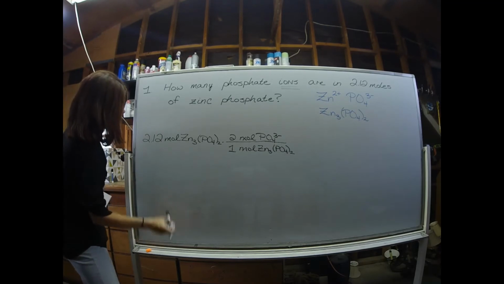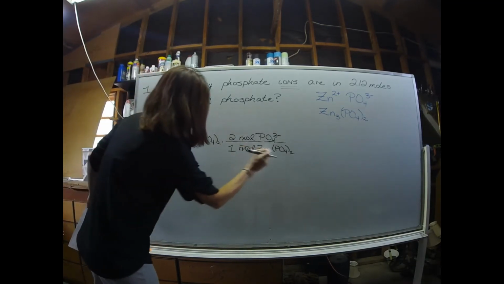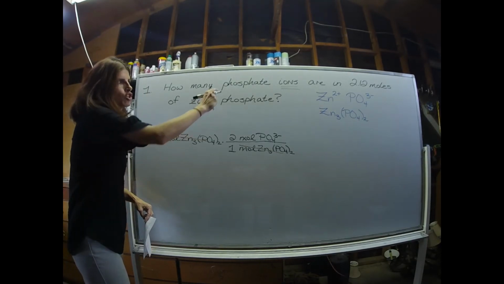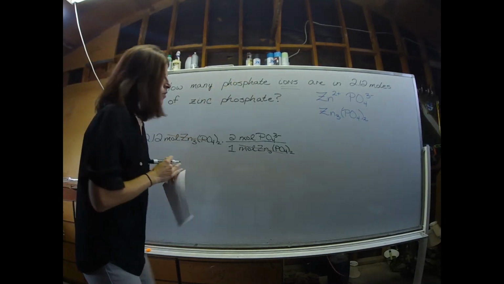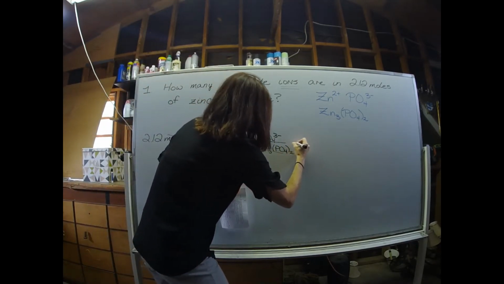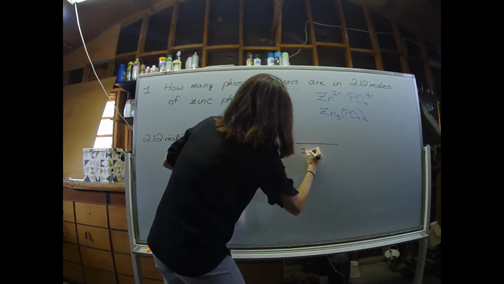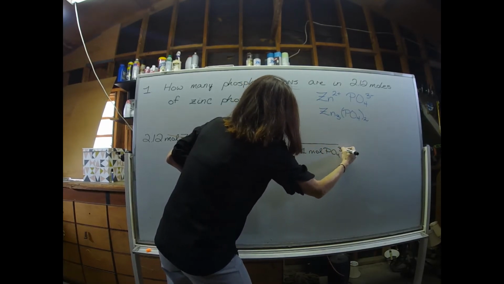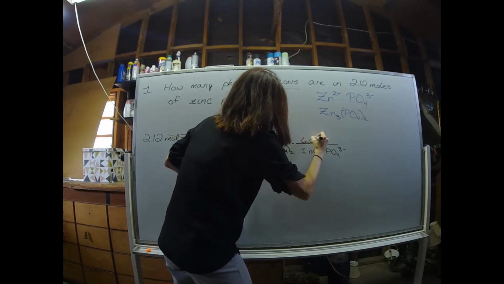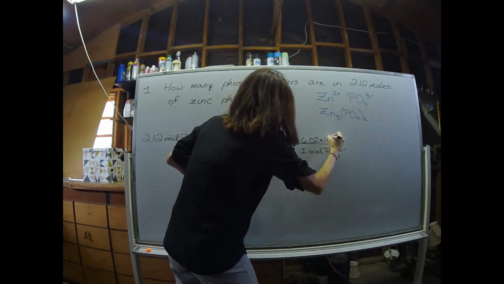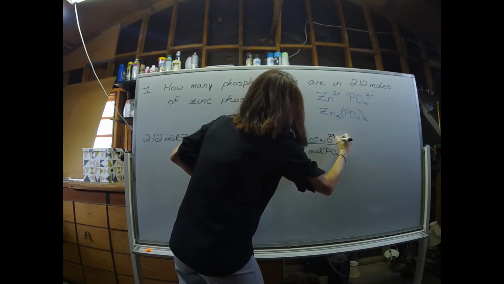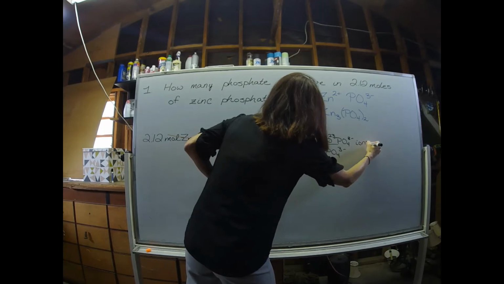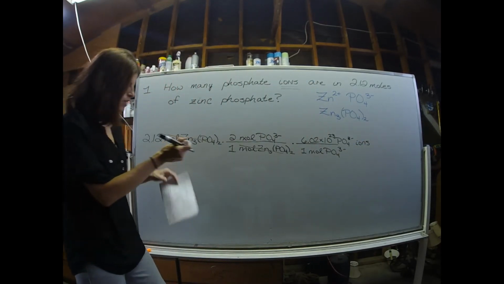What's canceled? So we're done with moles of zinc phosphate. That's out of there. Now we got to get moles of phosphate to turn into phosphate ions. And we're going to do that by using Avogadro's number. So 1 mole of phosphate contains 6.02 times 10 to the 23rd phosphate ions. So this would cancel with this.